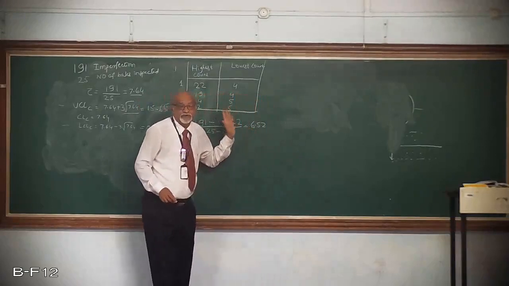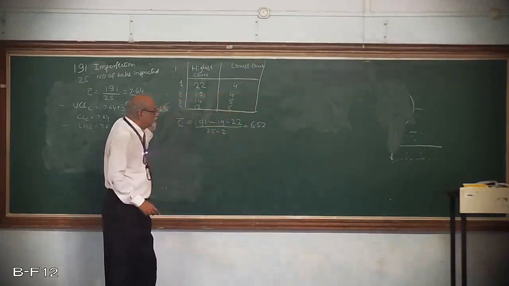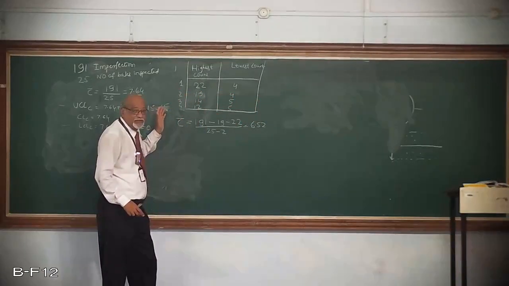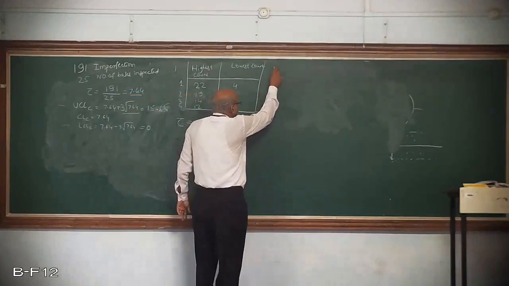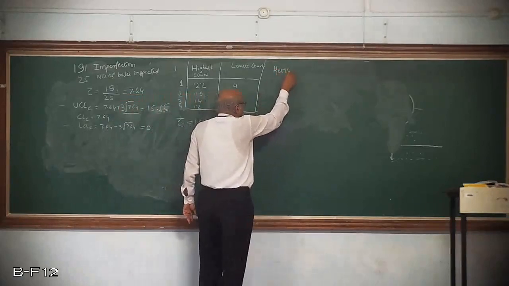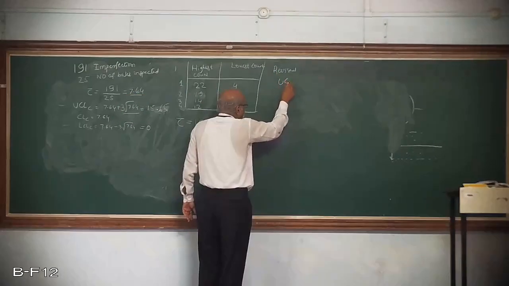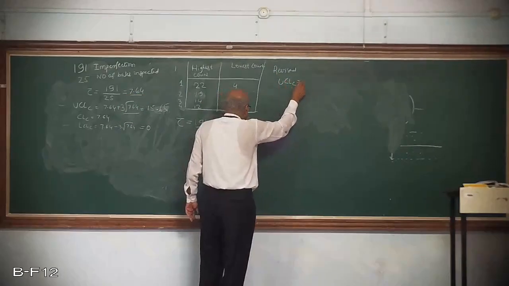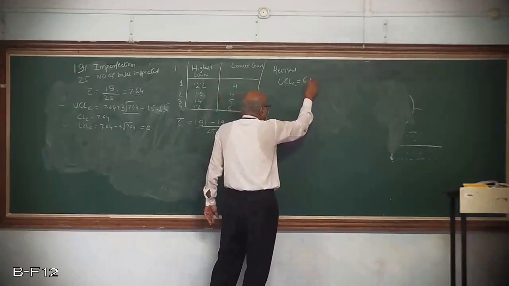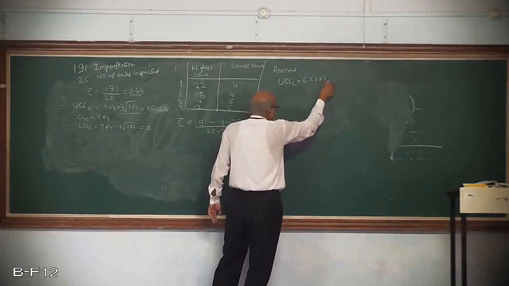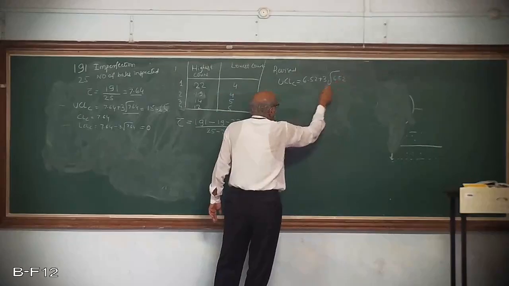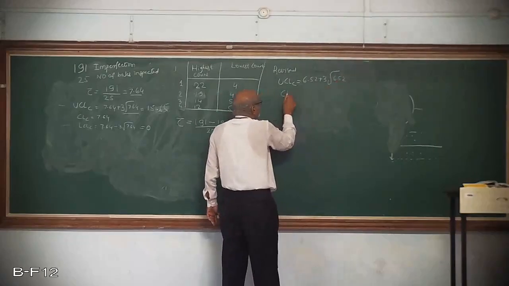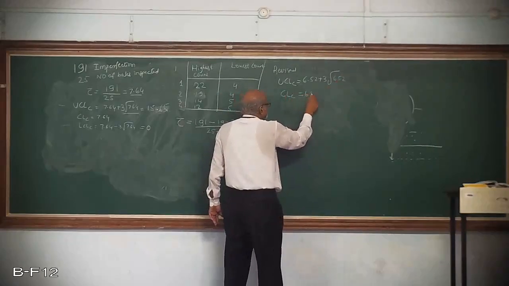Again, what is going to happen to the upper and lower control limits? They will also be correspondingly reduced. The revised upper control limit for the C chart is 6.52 plus 3 sigma, that is 3 under root 6.52, and the central line is 6.52.